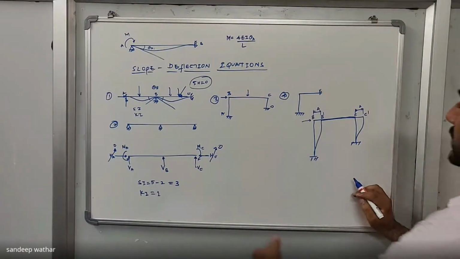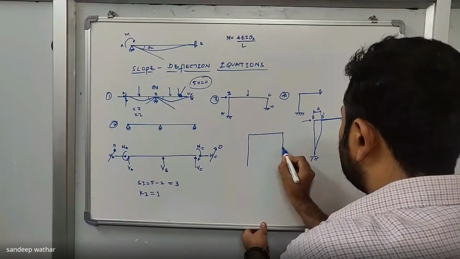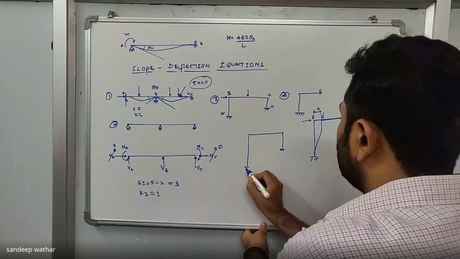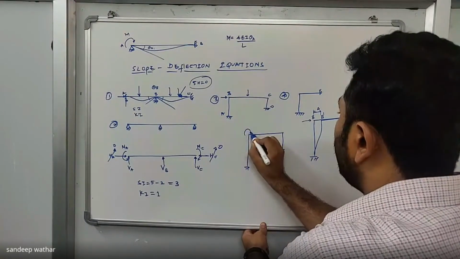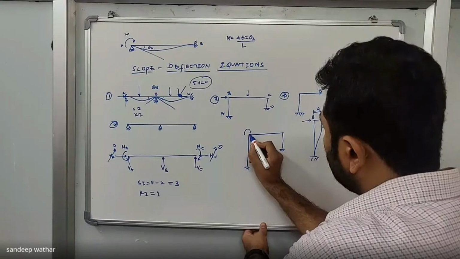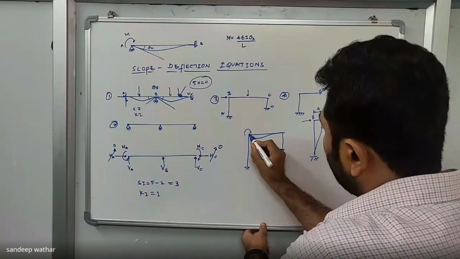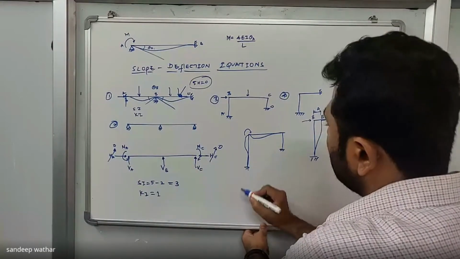Next, I'll take the same frame. Assume that I have applied some moment here. If I apply a moment here, how will it react? It will create a slope like this, and it will create a slope like this, right?